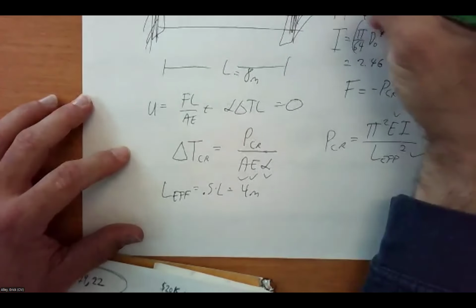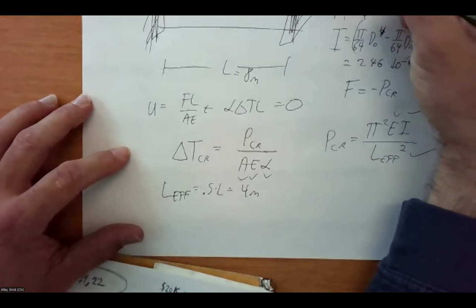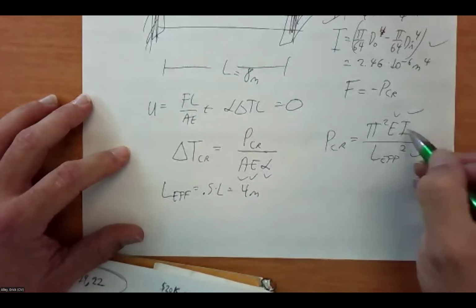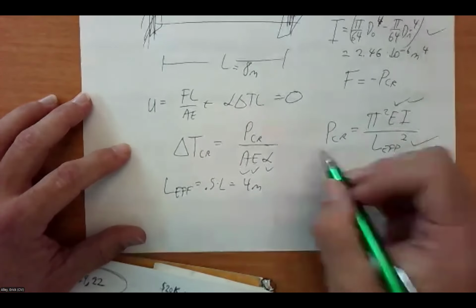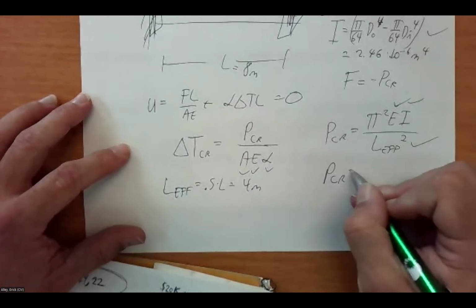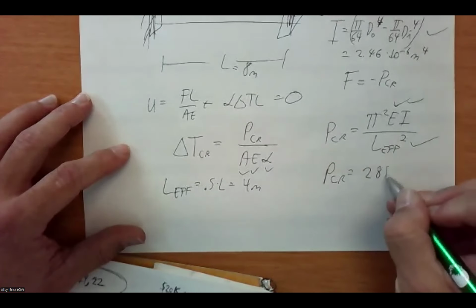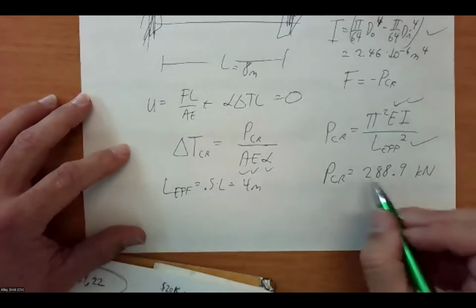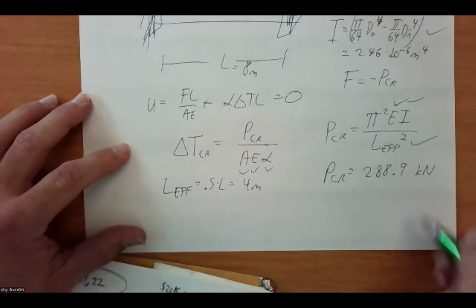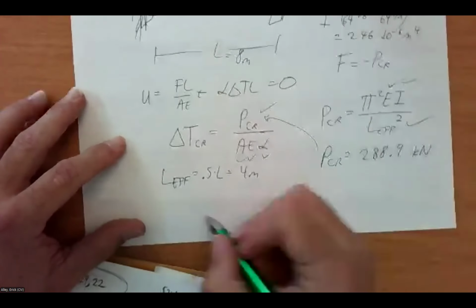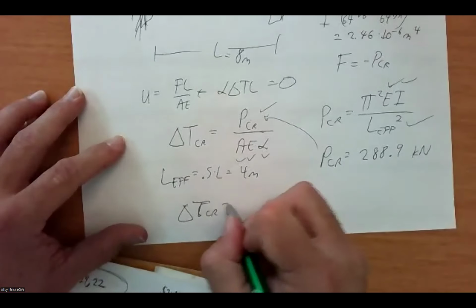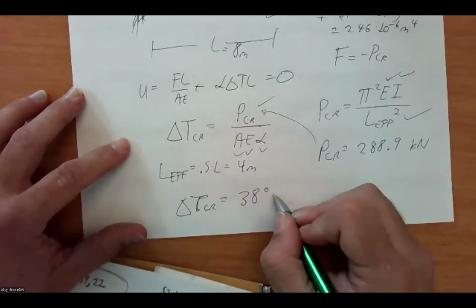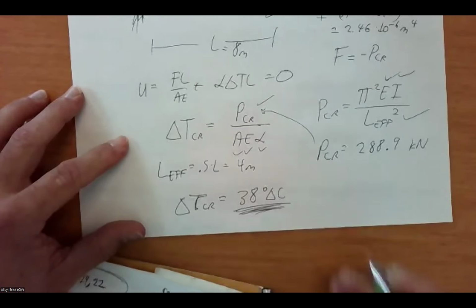All right, our area is going to crunch out at 0.0023 meters squared. So we've got A, we've got I, we're given E, and we plug and chug. P critical then is going to come out at 288 and some change kilonewtons, or 288 times 10 to the third. Got that too. And then my delta T critical that's going to cause this to buckle will only come out to 38 degrees change in Celsius.